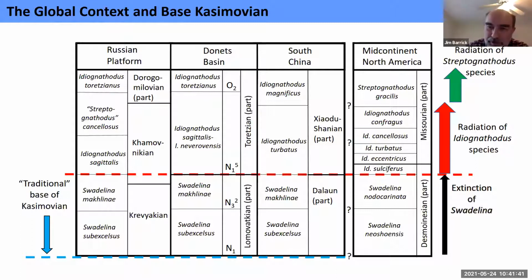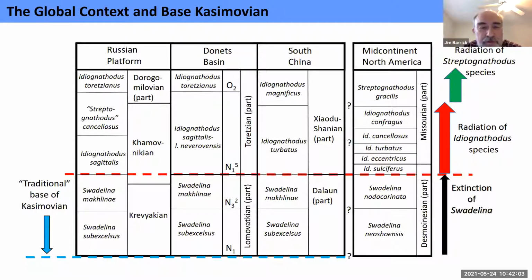I don't have much to say here because I think Steve has covered things very, very well. But I want to point out a couple things. I think that, again, in a practical sense, in North America, it's very easy to tell Desmoinesian from Missourian conodonts. In the Desmoinesian, you have these Swadelinas and you have Neognathodus, okay?